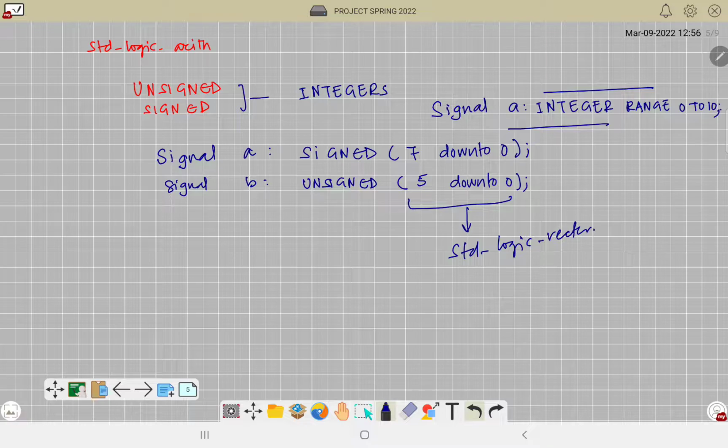And then we use these unsigned and signed, although they are a part of integers, but the way we declare them in VHDL is like this, like STD logic vector. So these are the three data types that we will be frequently using. In the next video we will do a small exercise जहाँ पे we will just see what can be the different scenarios in our actual coding.